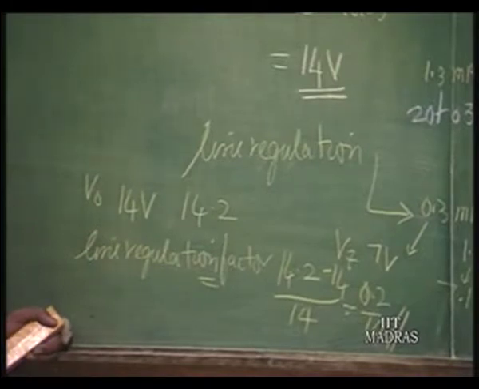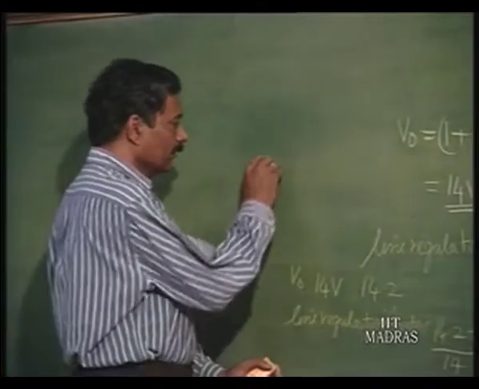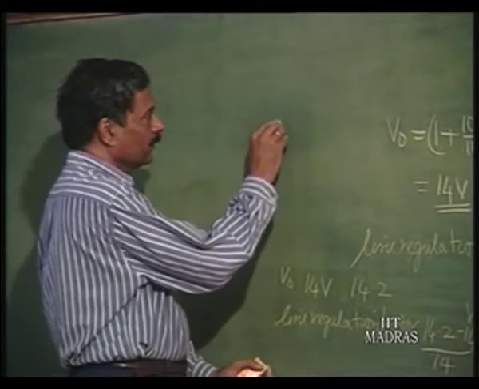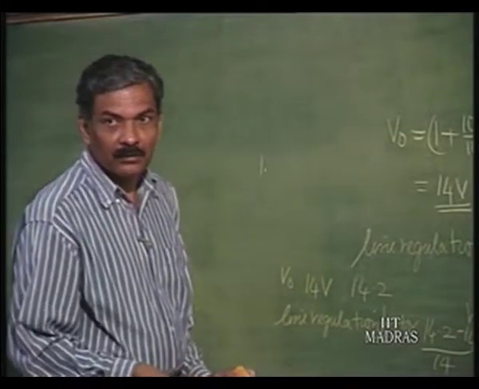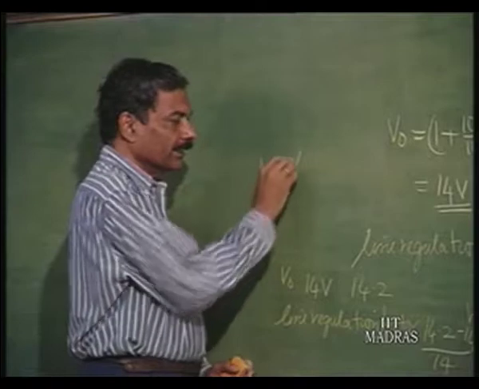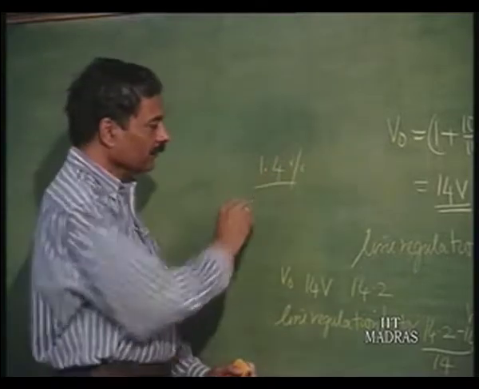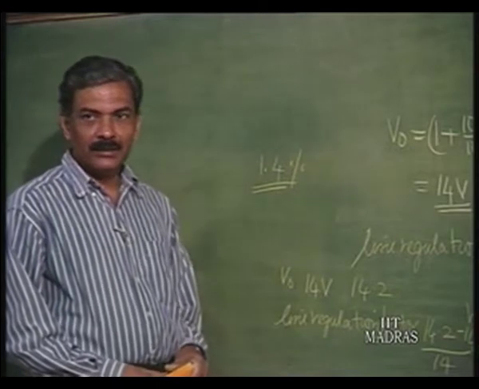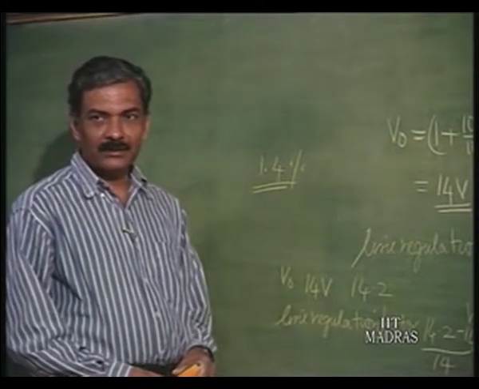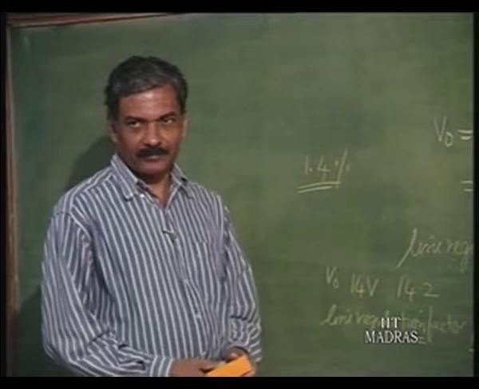So, it is really 20 by 14 or 10 by 7, which is 1 point, how much is it? Yeah, 1.4%. So, that is what is called line regulation factor for this circuit.